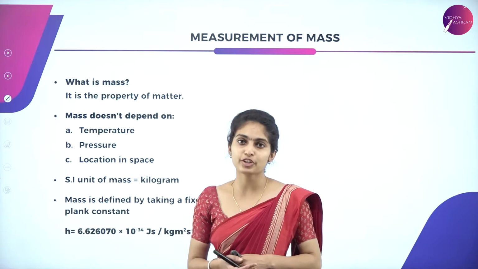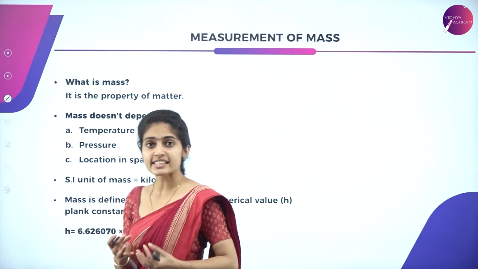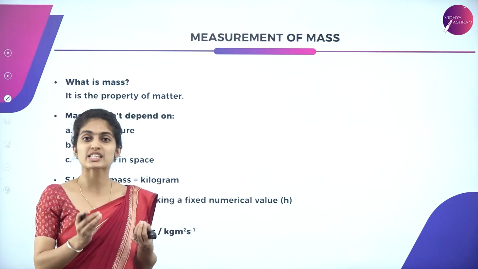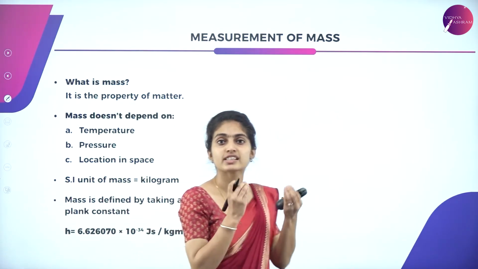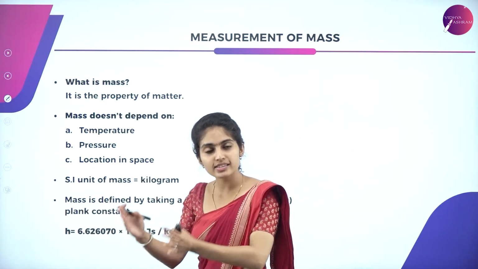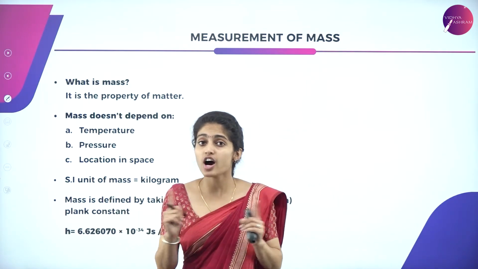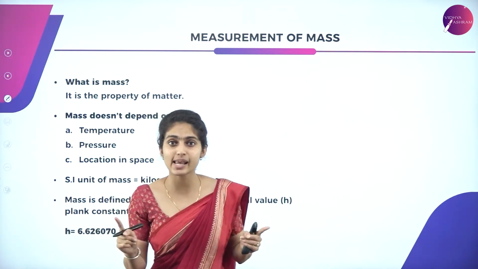Coming to the measurement of mass. So what is mass? Mass is the number of molecules present in a certain physical quantity. There is a difference between mass and weight. Mass and weight are not one and the same.